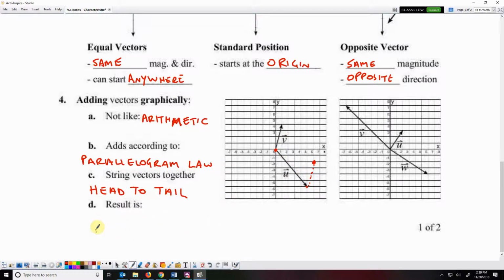So now I'm ready for a result. The result is a new vector. And it goes from the initial tail to the final head.